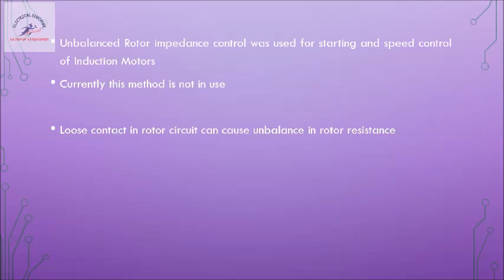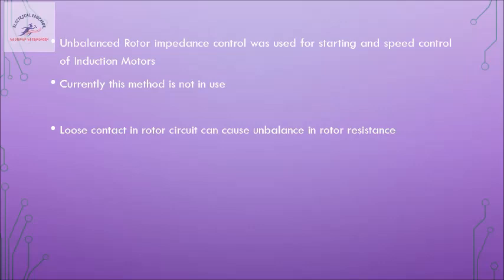Now we know that resistance is proportional to the length of the conductor and inversely proportional to the area of cross section. So if there is a loose contact, the area of cross section reduces, the resistance will increase, and the current through that particular phase will reduce.